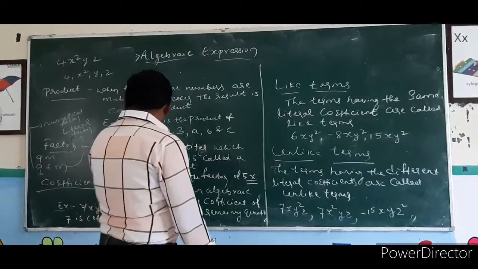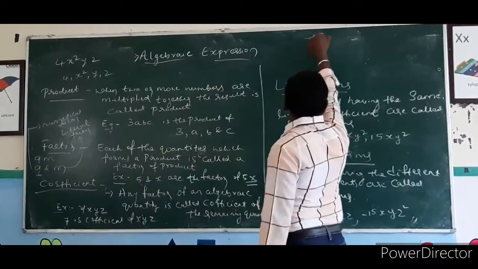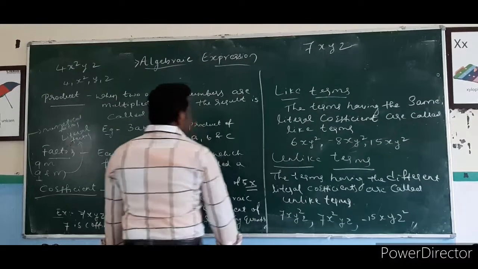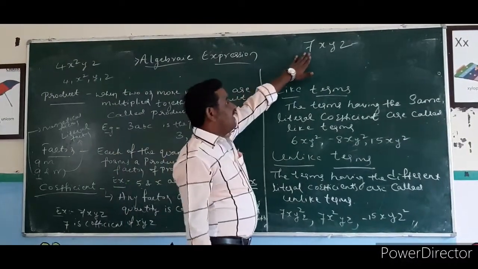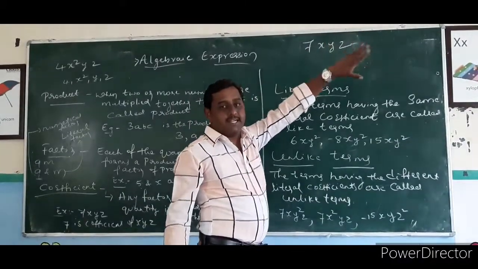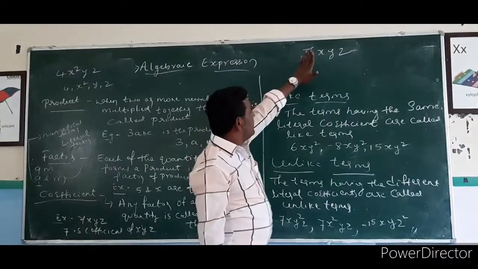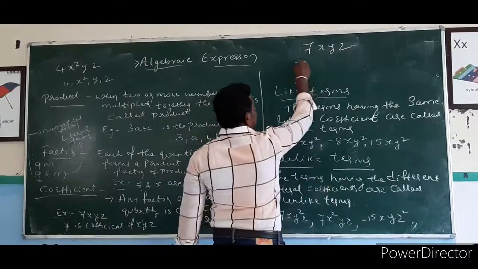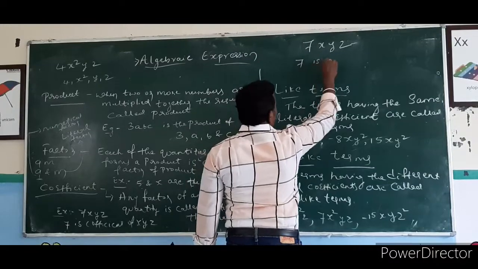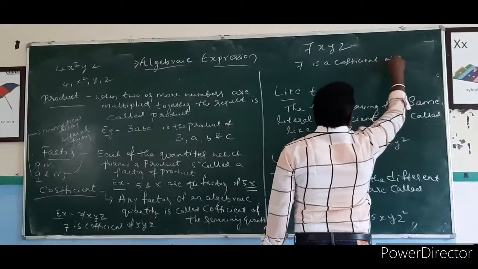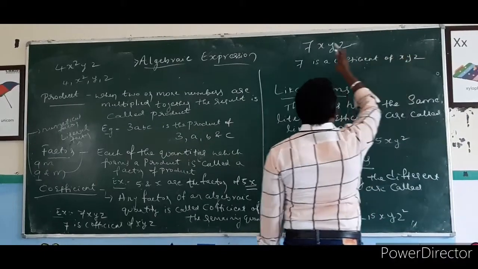Suppose the example I am taking is 7xyz. If I take 7, then 7 is a coefficient of xyz. If you separate 7, then 7 is a coefficient of xyz.